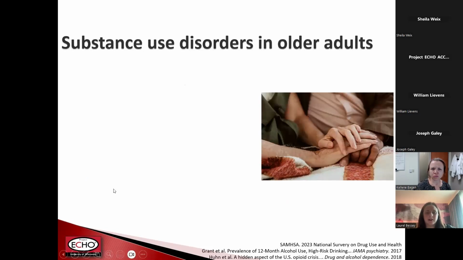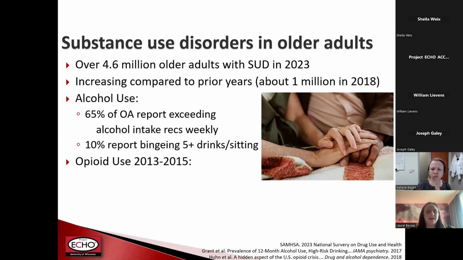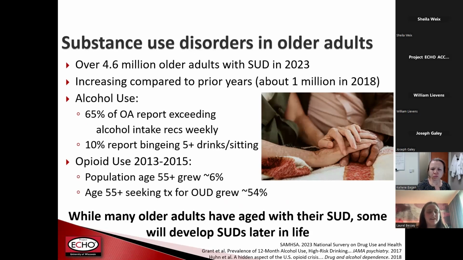So as we're all aware, our population is aging rapidly. When I first gave a rendition of this talk in 2020, we were showing about 1 million older adults with substance use disorders in 2018.